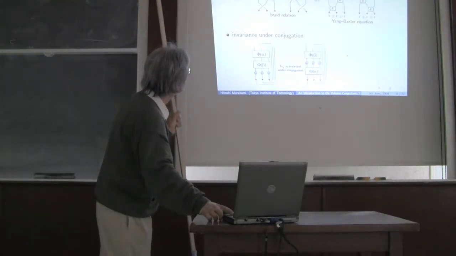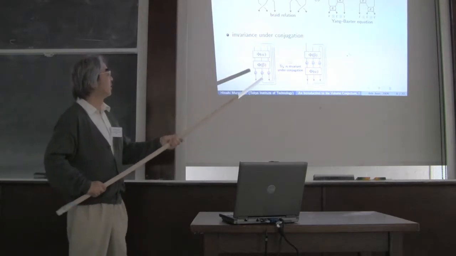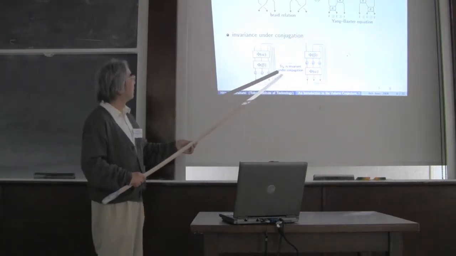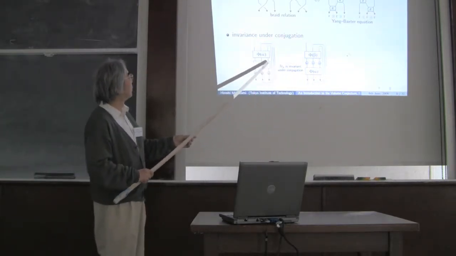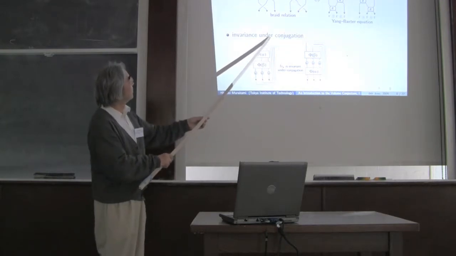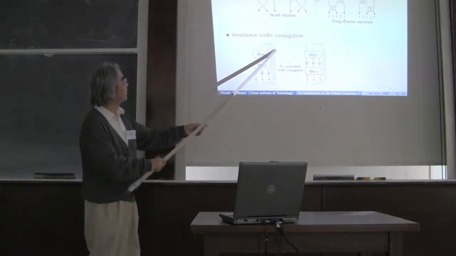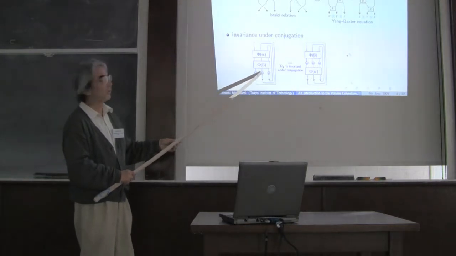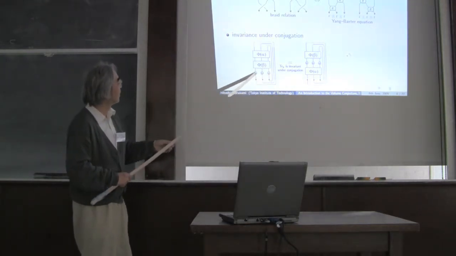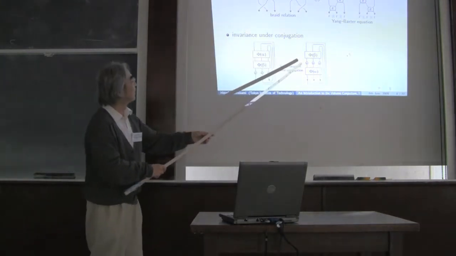And because trace is invariant under conjugation, which can be easily proved as for the usual trace, we can take phi of alpha here, because we can exchange this part and this. So we have this.